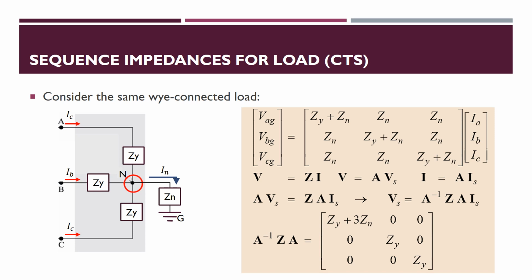So A Vs is equal to Z into A Is. If you multiply A inverse on both sides, you will get Vs equal to A inverse Z A into Is. If you do this multiplication of A inverse and A, you will end up with this matrix, right?